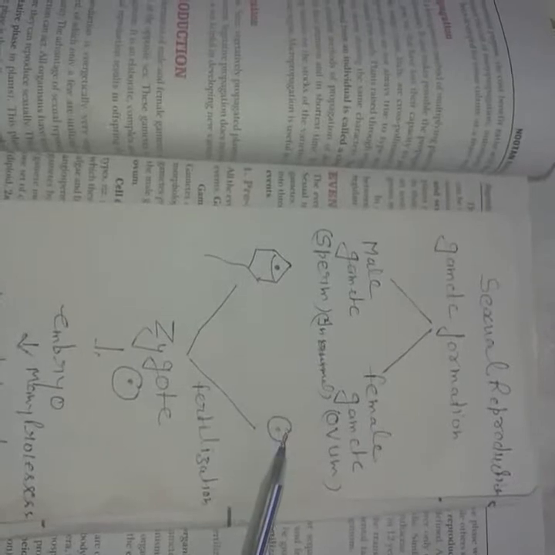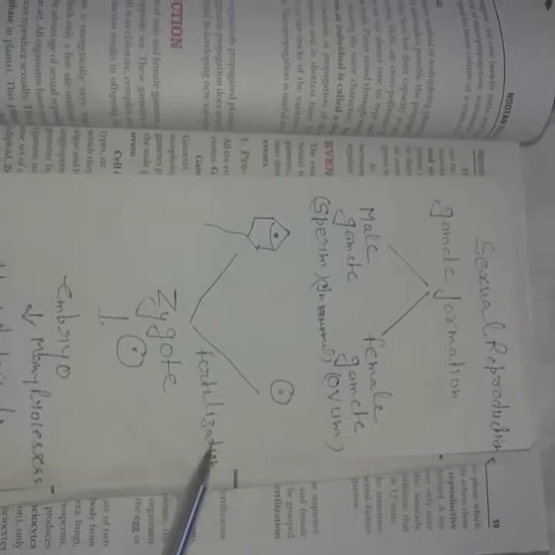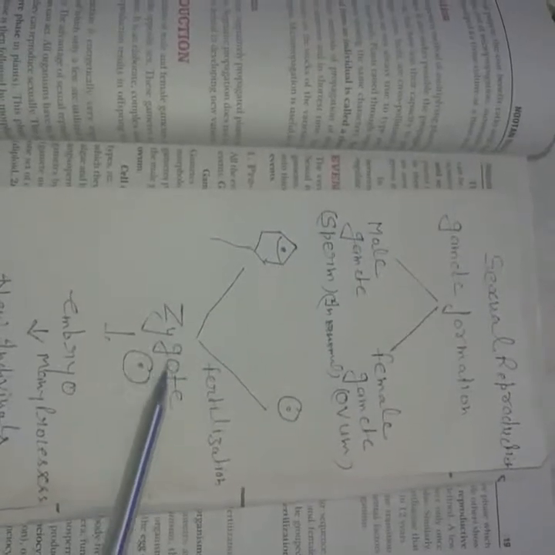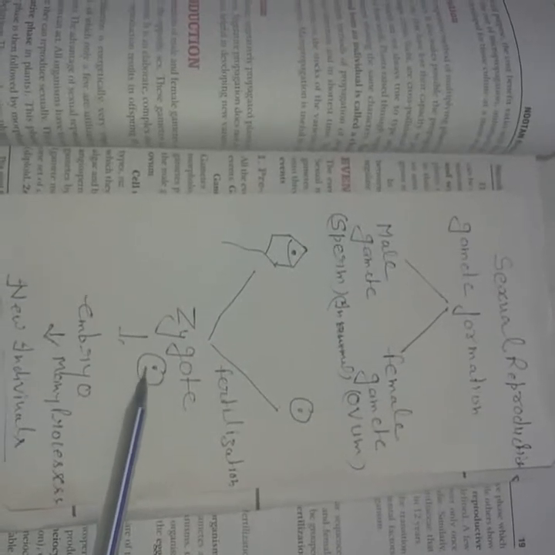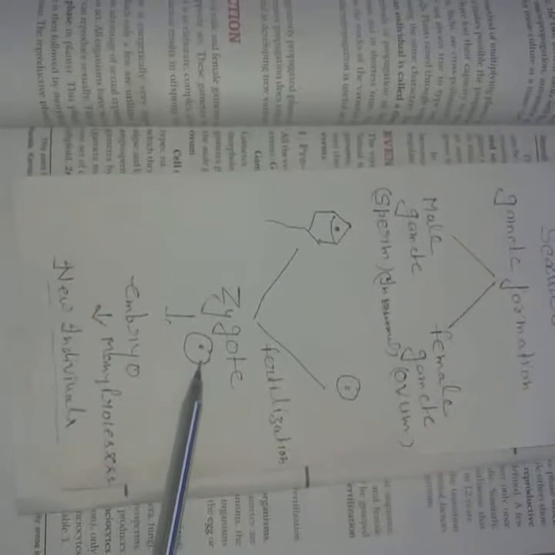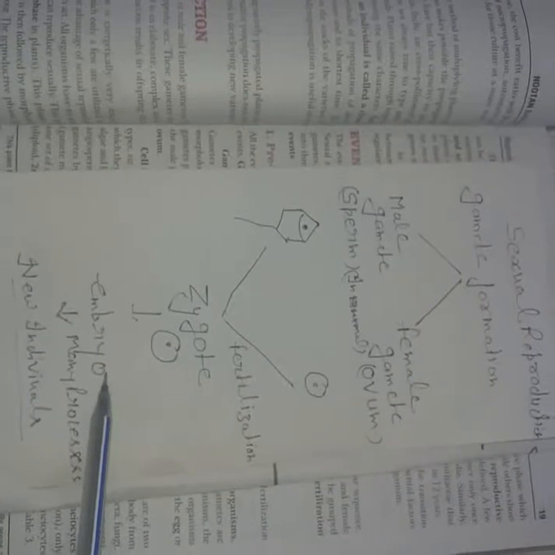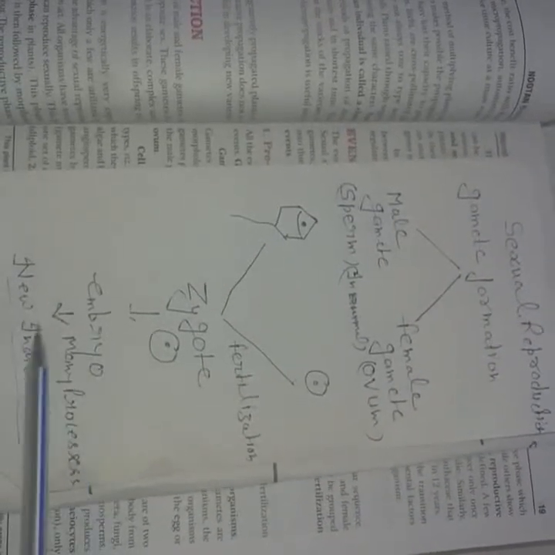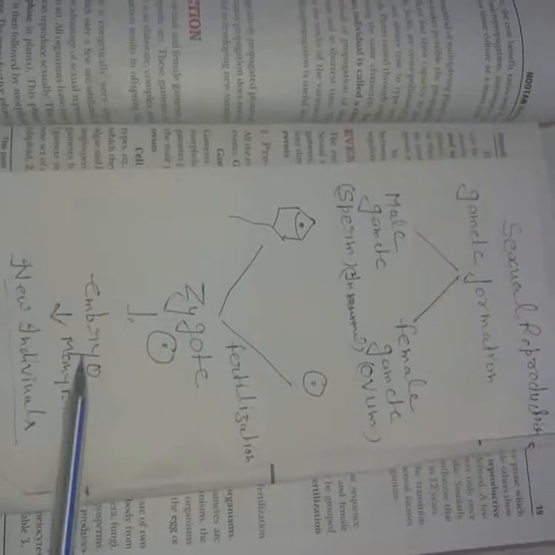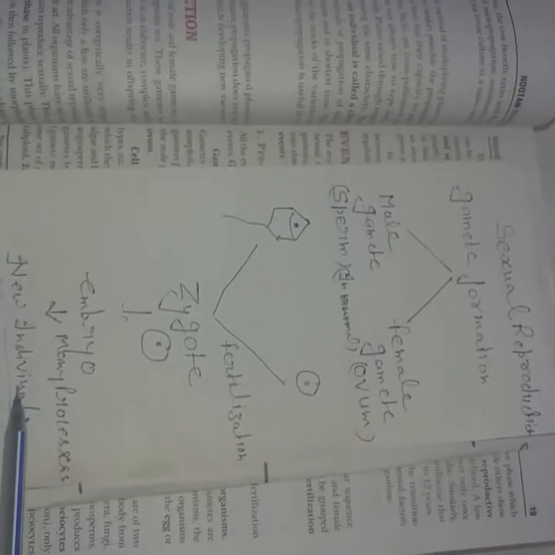The process of fertilization means the fusion of sperm and ovum. This is called fertilization, and it forms a zygote. The zygote is a round structure and it is non-motile. After some time, the zygote develops into a four-celled embryo, and the embryo develops through many processes into a new individual. Then sexual reproduction is completed.